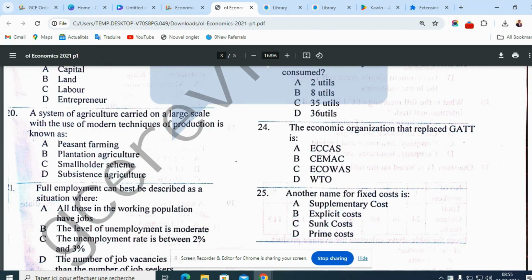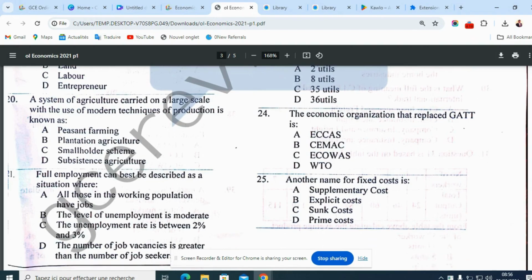That's not what it means. It means that there's a little percentage of people who are unemployed, because everybody in a country cannot be employed. There must be people that are unemployed. So that is why the answer is C, which is the unemployment rate is between 2% and 3%, means it's very, very low.